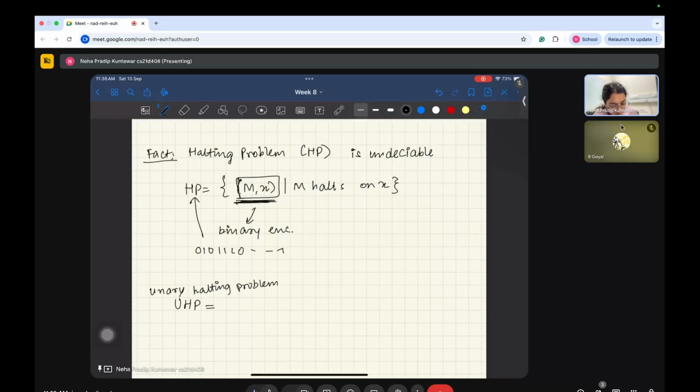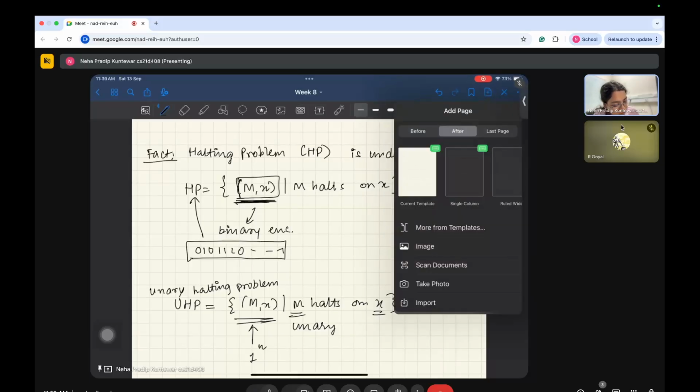The problem is the same, (M, x) such that M halts on x, but the encodings of (M, x) are all unary. So this is basically a string of the form 1 to the n. And how is that possible? Exactly. So how is that possible?